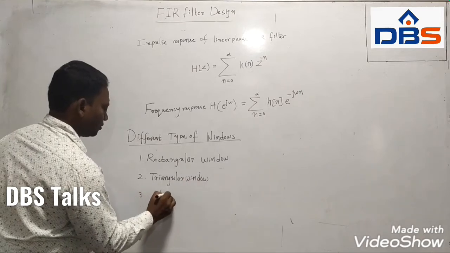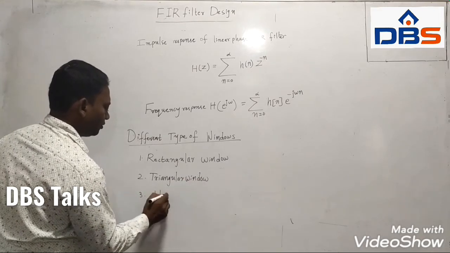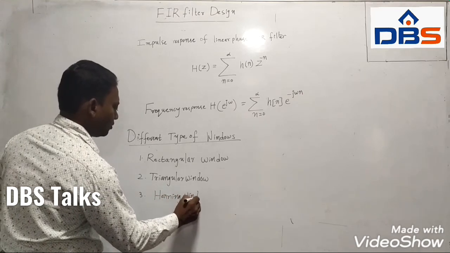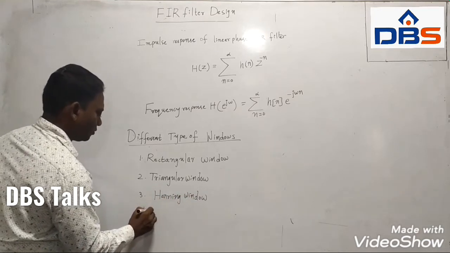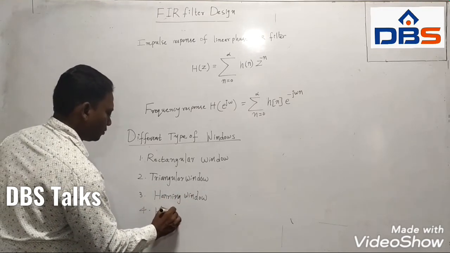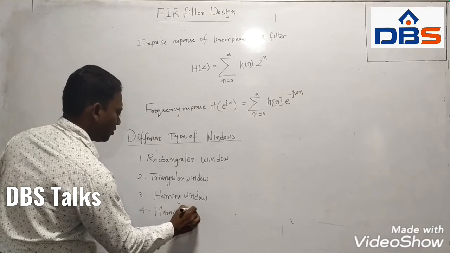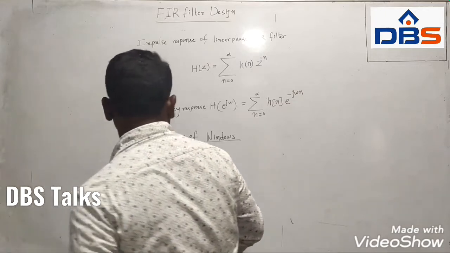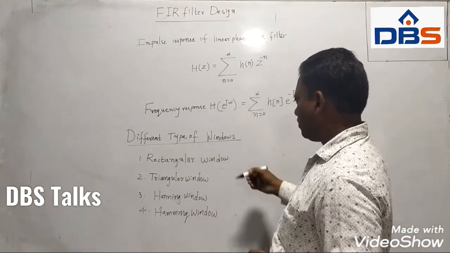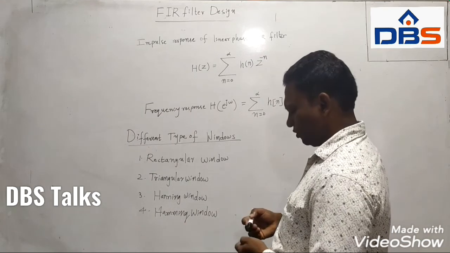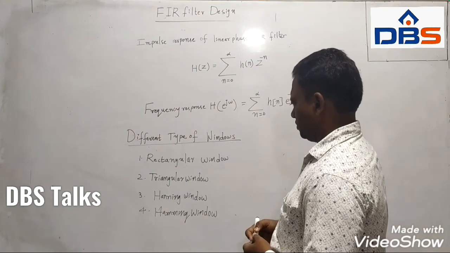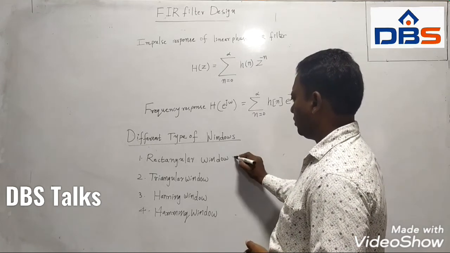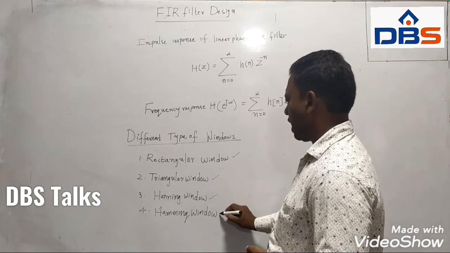Third, the Hamming window. We also have the Kaiser window, and other windows are also there, but these are the major important ones: rectangular, triangular, and Hamming.